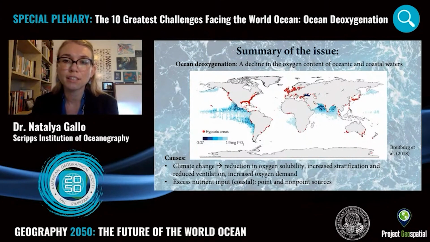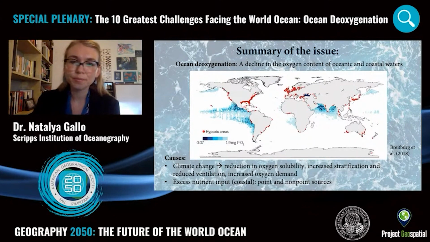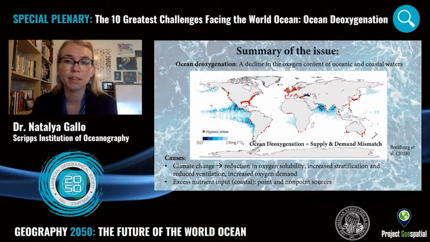These regions are called oxygen minimum zones and are expanding due to climate change. Ocean deoxygenation can be thought of as an oxygen supply and demand mismatch. Eutrophication and warming from climate change are decreasing the supply of oxygen while increasing the demand for oxygen in the marine environment. On the next slide, we'll talk a little bit more about the actual mechanisms.